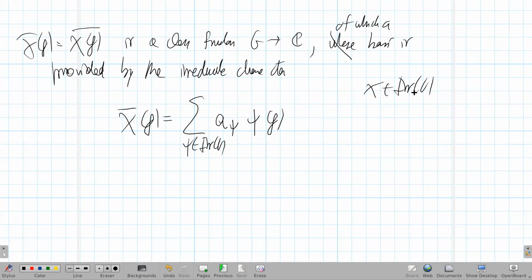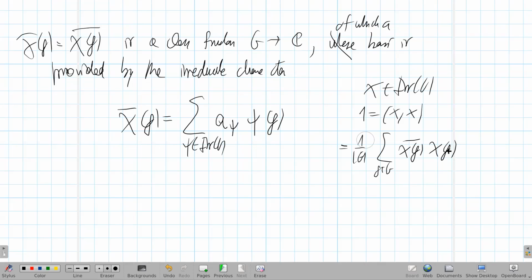And chi being irreducible means that the inner product of chi with itself is 1. This inner product is nothing else but, of course, 1 over |G|, the average which we have seen, the sum over g in G of the conjugate of chi of g times chi of g.